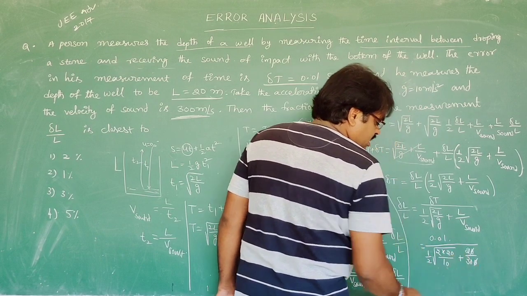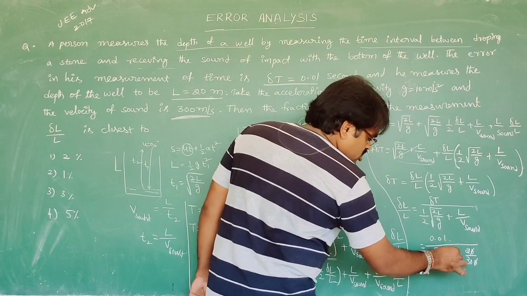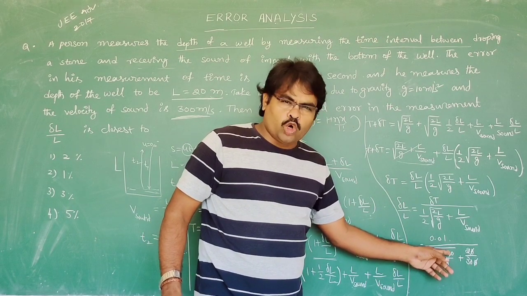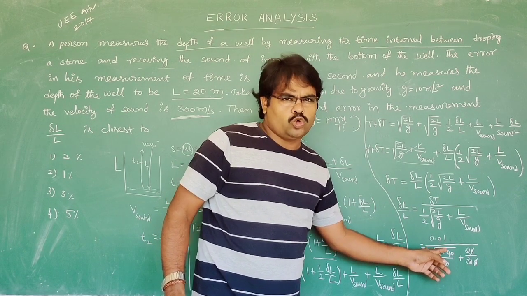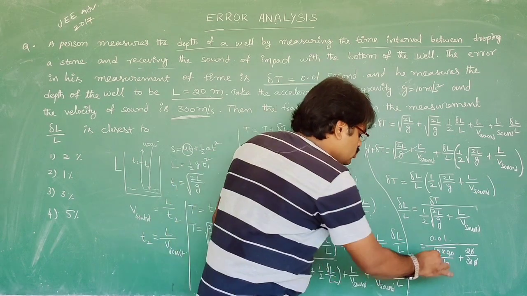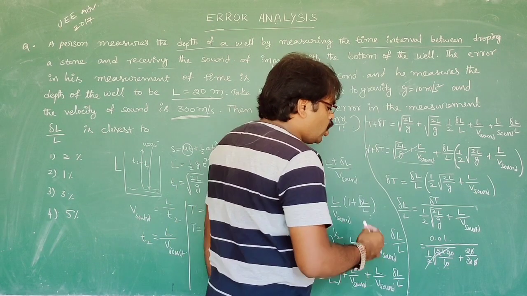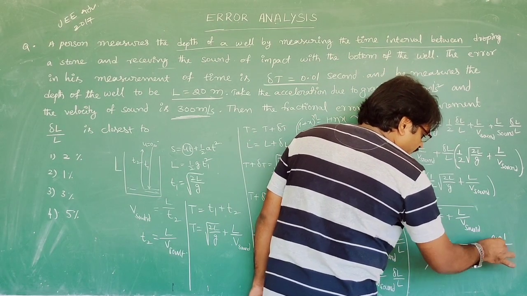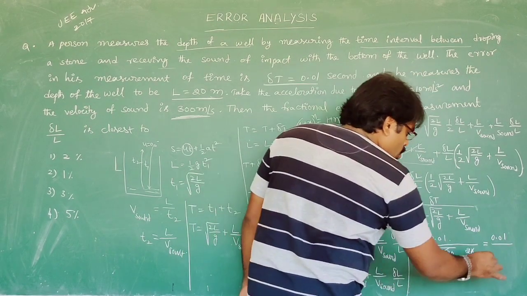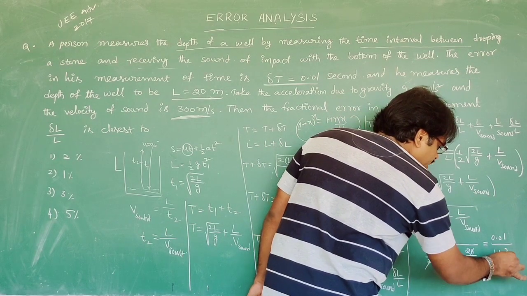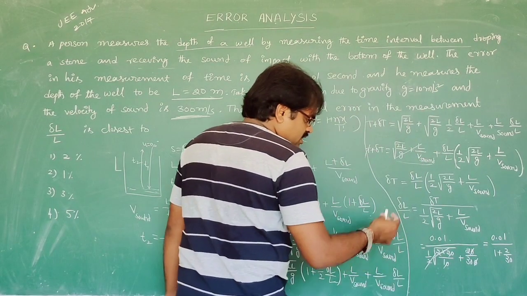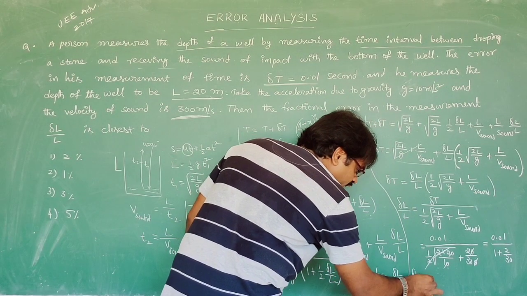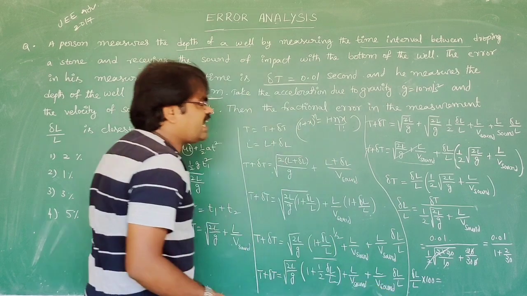Then the zero is cancelled. Here root of 2 into 2 is 4, root 4 value is 2, and 1 by 2 into 2 is cancelled. Then what remains here? 0.01 by (1 plus 2 by 30), that is delta L by L, into 100 is equal to the percentage.